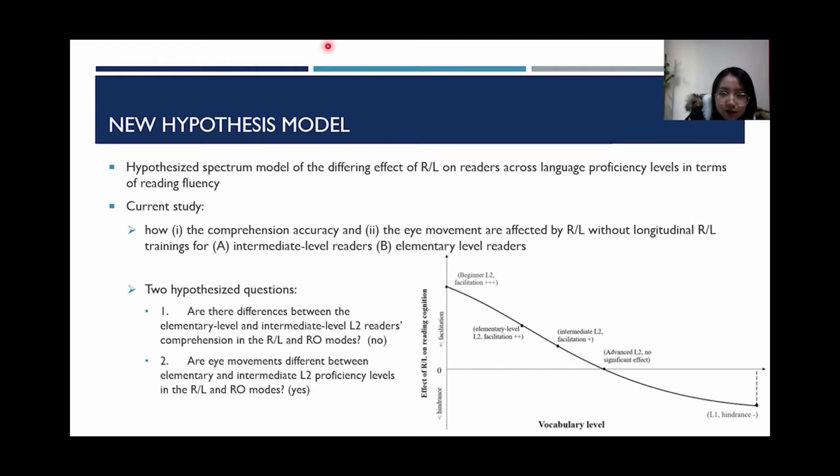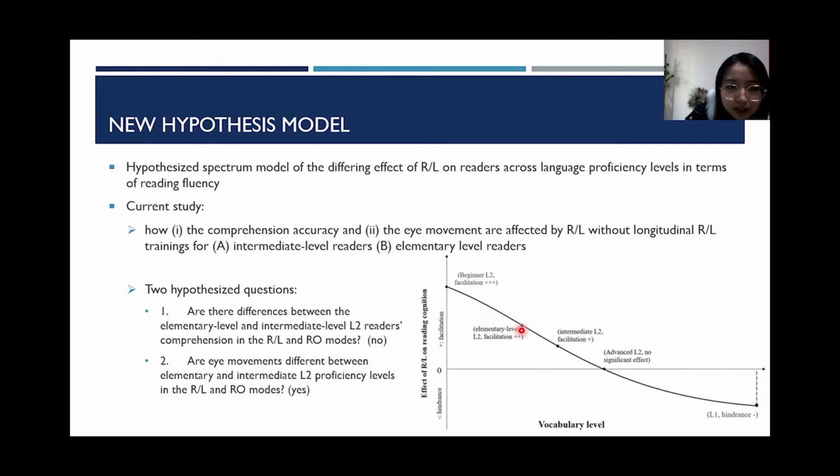So it ranges from a hindrance effect on L1 readers to a zero effect for L2 advanced readers, with an increasing facilitation effect as the vocabulary level of the L2 readers decreases. So you can see that as the vocabulary level decreases, the facilitation effect of RL on reading cognition increases.